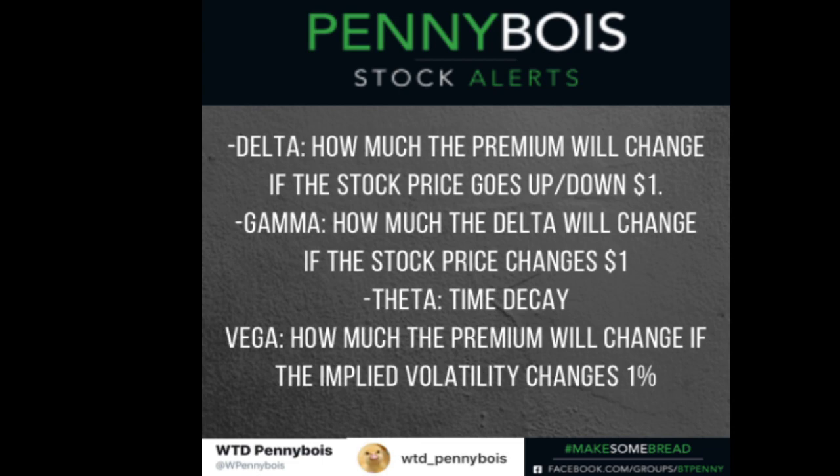In theory, the delta is the percent chance that the option has of expiring in the money. Gamma shows us how much the delta will be affected if the stock price changes by $1.